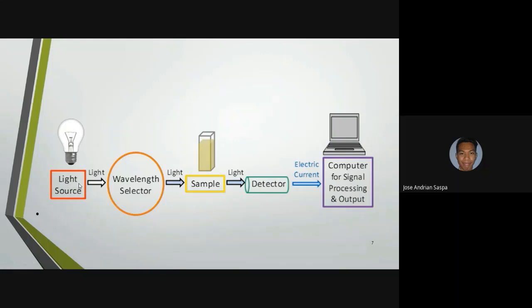Our light source, or radiation source, is often made up of tungsten filament or deuterium arc lamp and xenon arc lamp or the light emitting diode. So that is the light source of the UV spectroscopy.